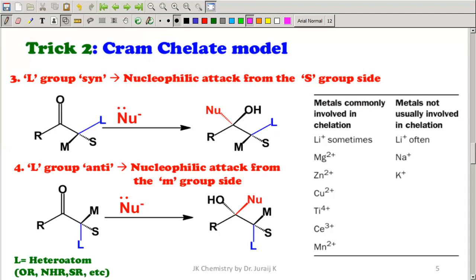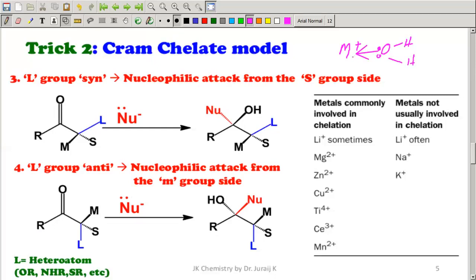So here the outcome is mainly based on the Cram-Chelate model. The point is that here we should have chelation. Chelation means, you already learned about that terminology. Suppose you have a metal center and a ligand having a lone pair of electrons, let's say a water molecule. So there will be a dative coordinate bond between that ligand and the metal.